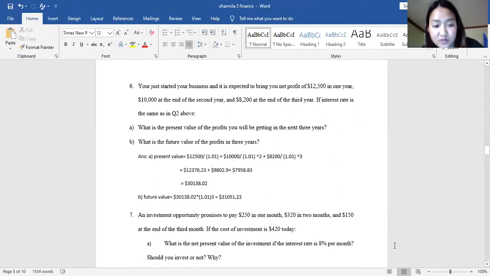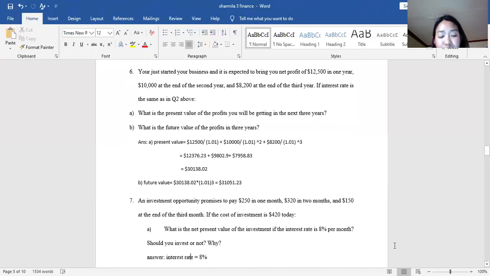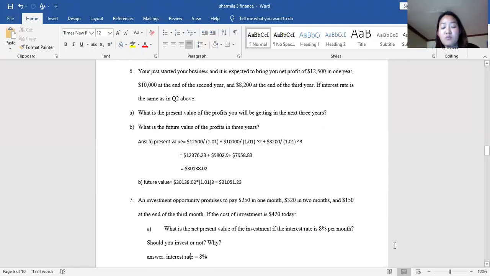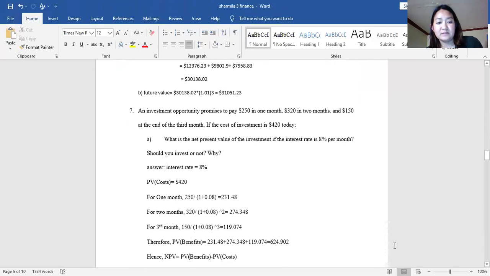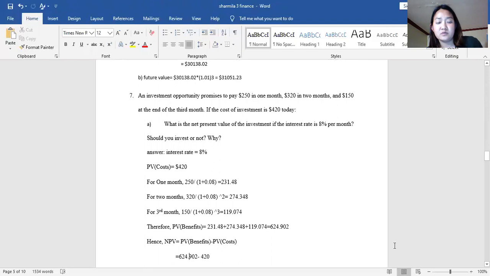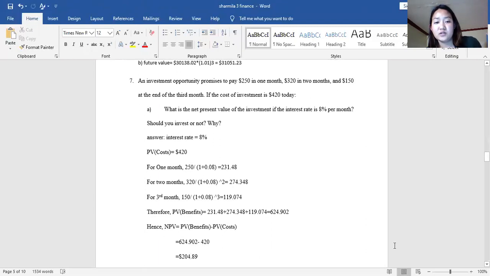And future value is $30,138.02 times 1.01 to the compound power 3, that is equal to $31,051.23.